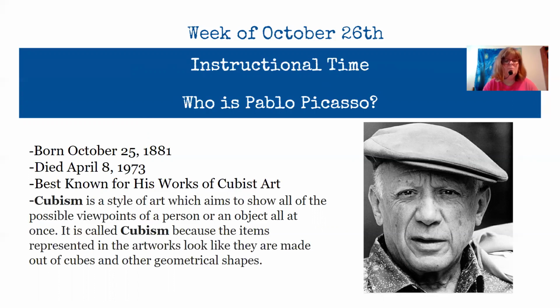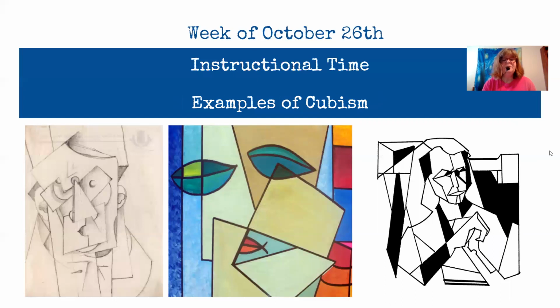It is called Cubism because the items represented in the artworks look like they are made out of cubes and other geometric shapes. So you guys already know some basic geometric shapes. Here are some examples of Cubism. And these are portraits. They're like drawings or paintings of people.